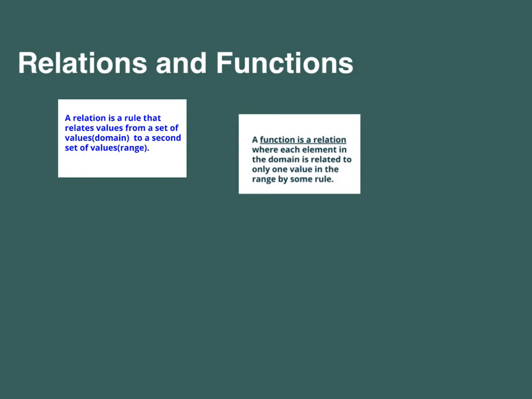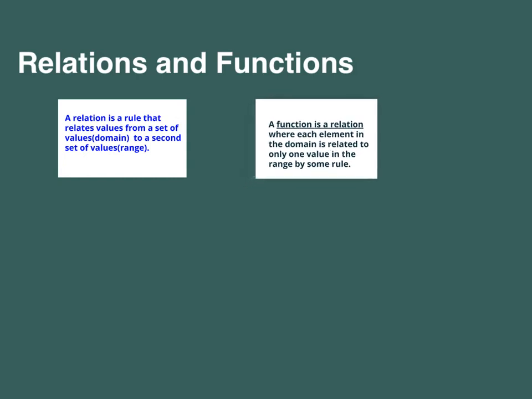For functions, we define it this way: a function is a relation where each element in the domain is related to only one value in the range by some rule. As we can see from the definition, a function is a relation, meaning it is just a specific example of a relation.